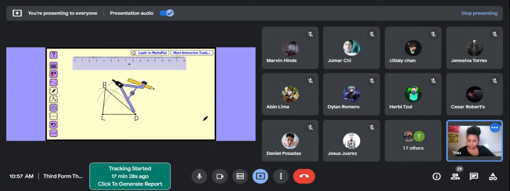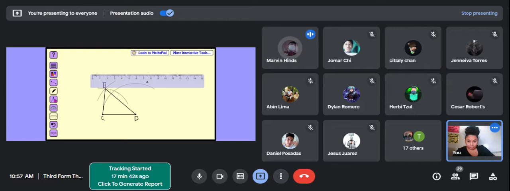Right? The next one is, you're going to take your compass and measure 3.5.